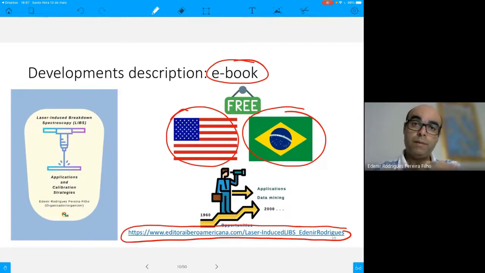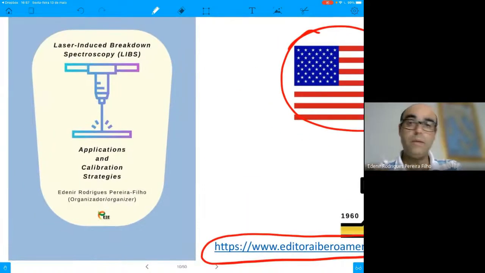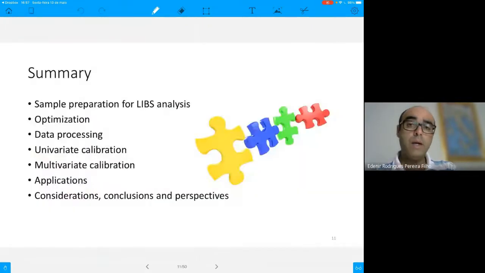You can freely download this ebook. The name of this ebook is Laser-Induced Breakdown Spectroscopy, LIBS, Applications and Calibration Strategies. And now I will present some results obtained using the J200 equipment from Applied Spectra, and these results are also described in this ebook.